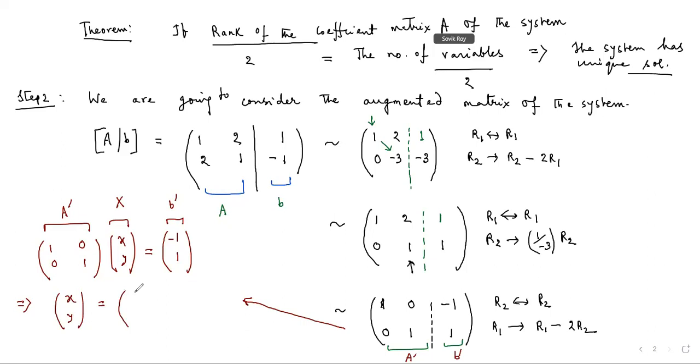So a 2 by 1 matrix will be obtained, and that will be equated to minus 1, 1, and two matrices are equal if their individual elements are equal. So we get x equal to minus 1 and y equal to 1. So you see, the same values of x and y have been obtained here.